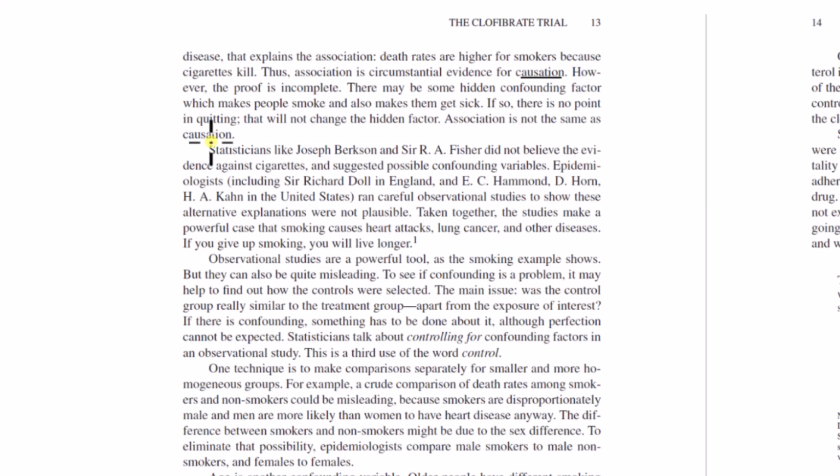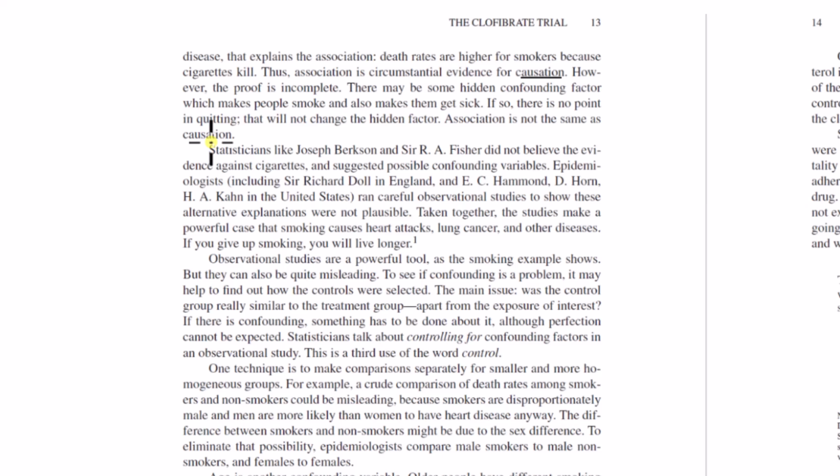So you see the difference between association and causation. They've done this observational study. They see that a large percentage of these people who smoke are getting these diseases, heart disease, lung cancer. So there is definitely an association. There's no arguing that there's an association. But is it causation?